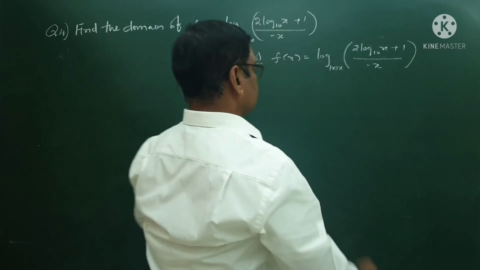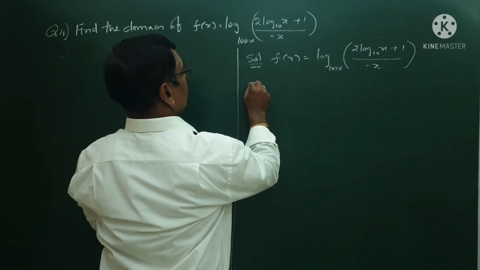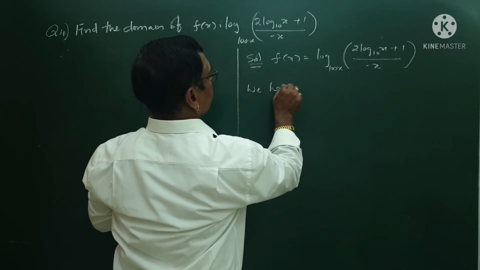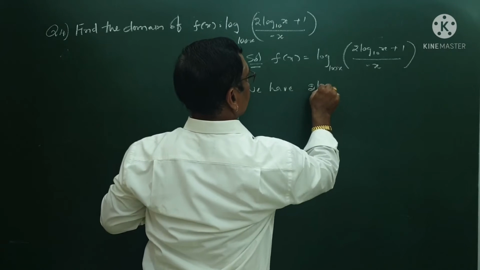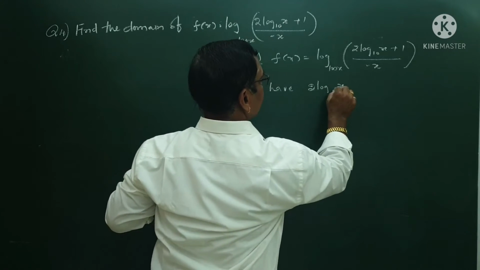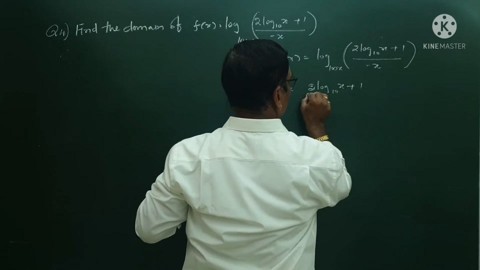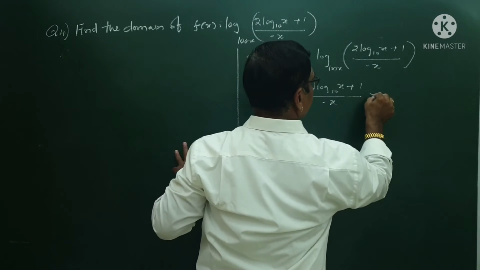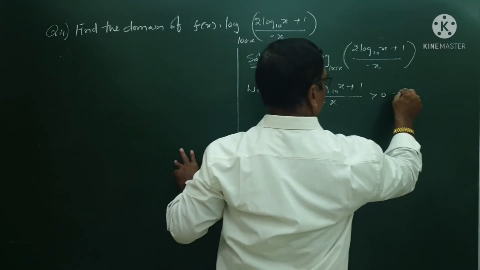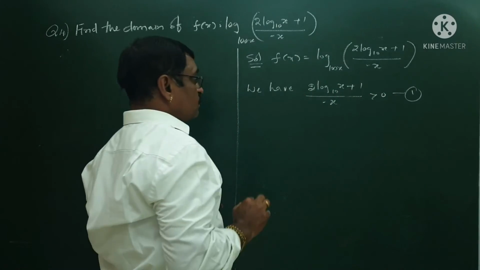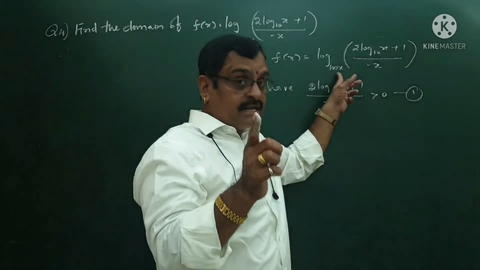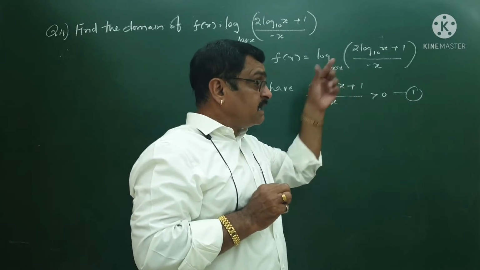That is take 1: 2 times log x base 10 plus 1 over minus x is more than 0. This is number 1. Number 2, here also you can find a variable, that is 100x.